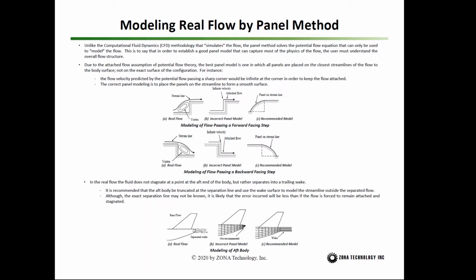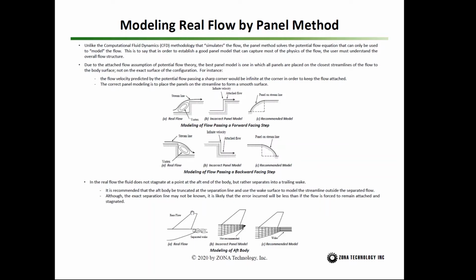So to circumvent this problem, you cannot use ZONAIR to model the exact surface. You want to place the ZONAIR panels on the streamline, and same as here. So you place the panels on the streamline.